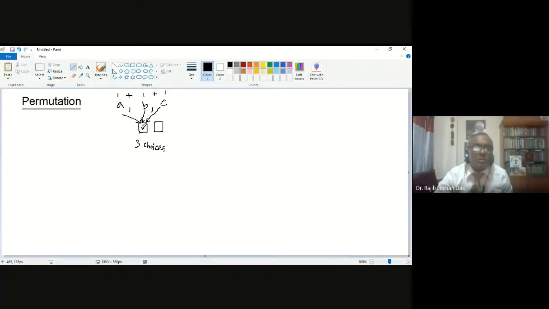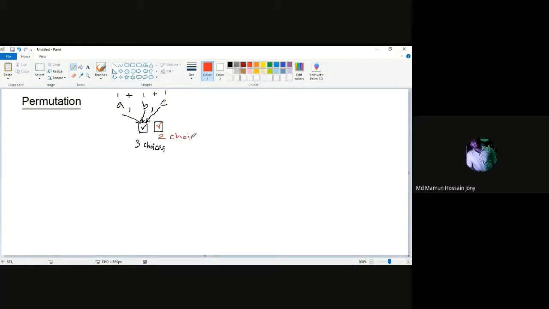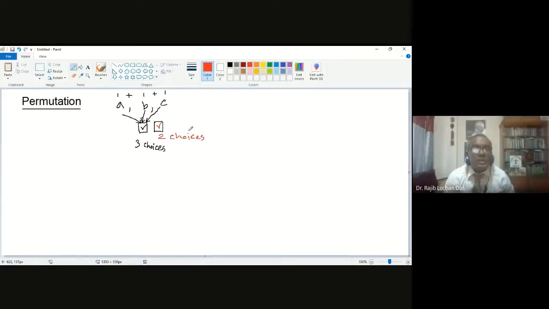Now after choosing this first letter, you will go to the second position. There will be 2 choices. Why 2 choices? Because we have already chosen one for place one.